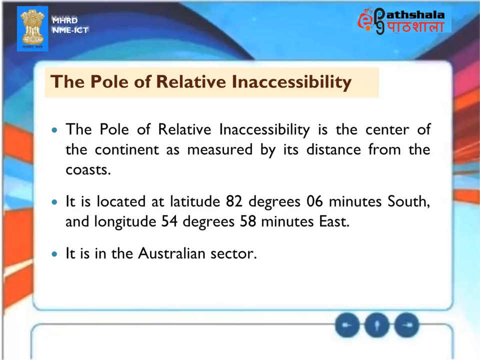The pole of relative inaccessibility. The pole of relative inaccessibility is the center of the continent as measured by its distance from the coasts. It is located at latitude 82 degrees 6 minutes south and longitude 54 degrees 58 minutes east. It is in the Australian sector.